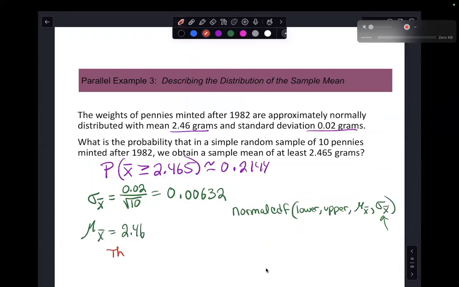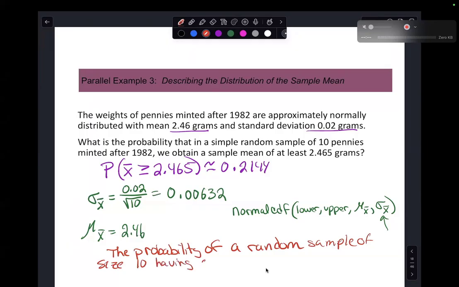The probability of a random sample of size 10 having an average weight of 2.465 grams is 0.2144. Figured I would just write that to try to help with the interpretation.